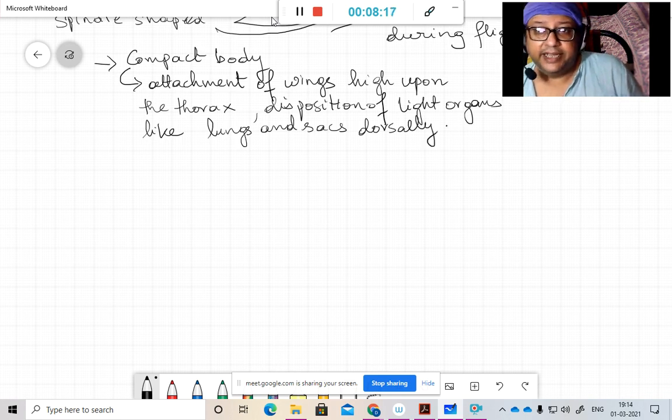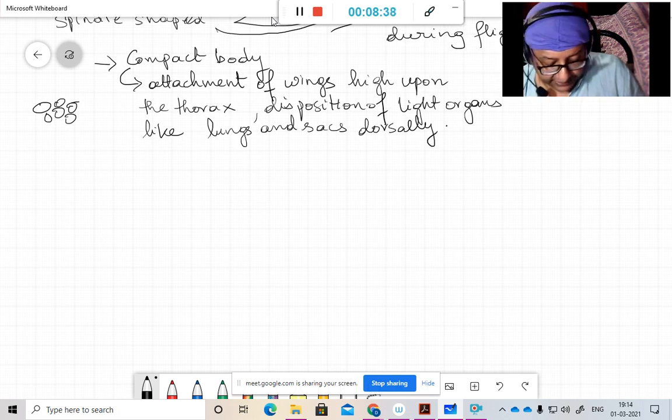So lungs and air sacs, they are on the back side, that is on the upper side, dorsal. And so basically the body is compact. All organs are fitted snugly and light. So this is the second thing.